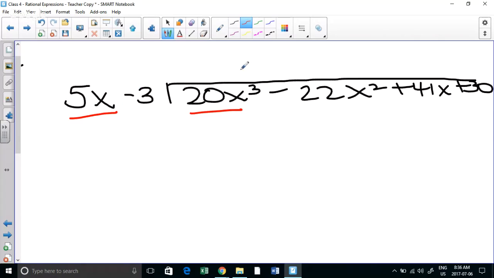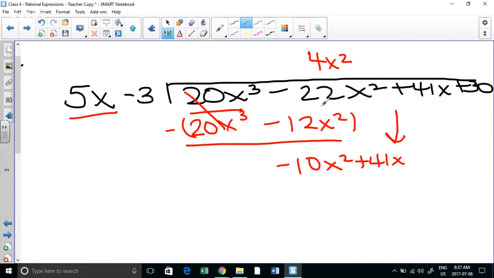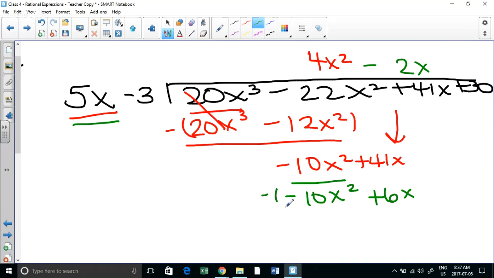When I divide this, it gives me 4x squared. When I multiply, I get 20x cubed minus 12x squared. I subtract. This gets eliminated. Negative 22 minus negative 12 actually gives me negative 10x squared, and I bring down the next term. This term gets divided by this term, so negative 10x squared divided by 5x gives me negative 2x. When I multiply, negative 10x squared plus 6x.